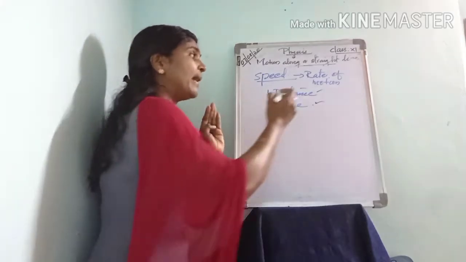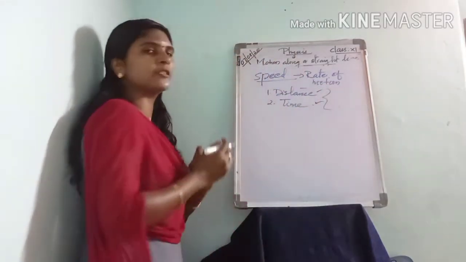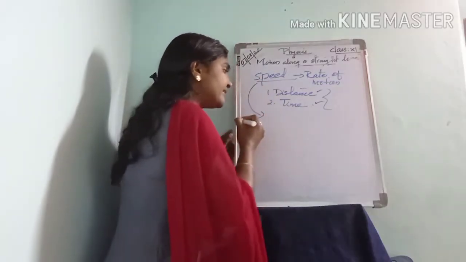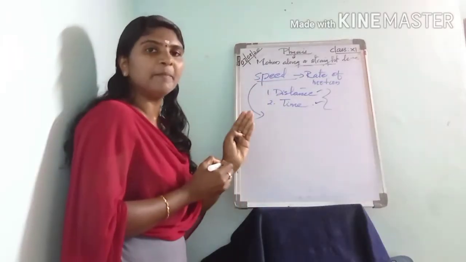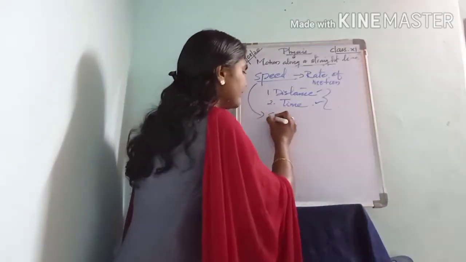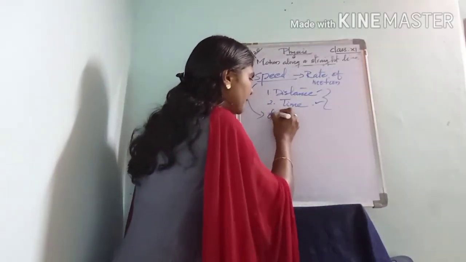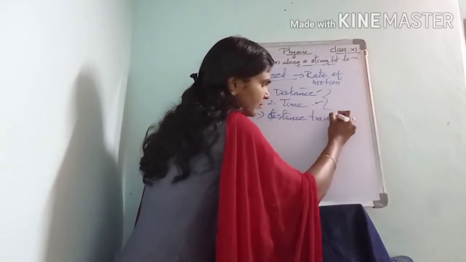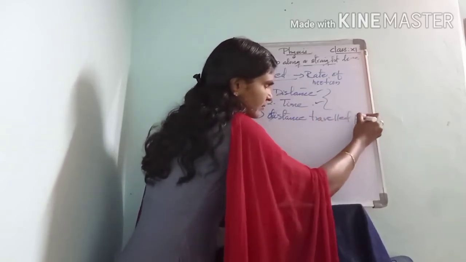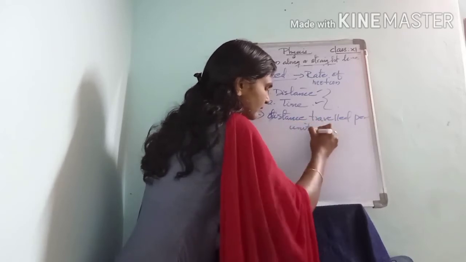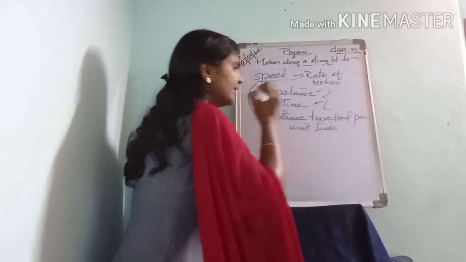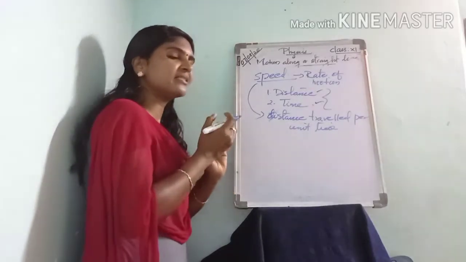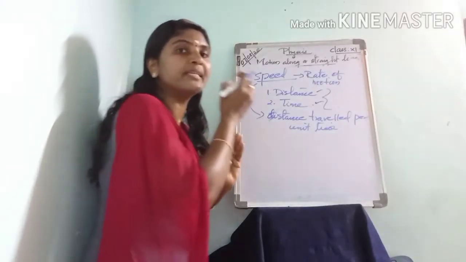Now, by using these, how can we measure speed? Speed is the distance travelled per unit time. Speed of an object means the distance travelled by an object in unit time.